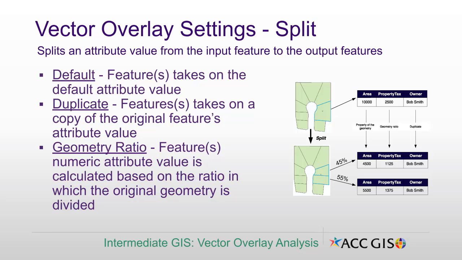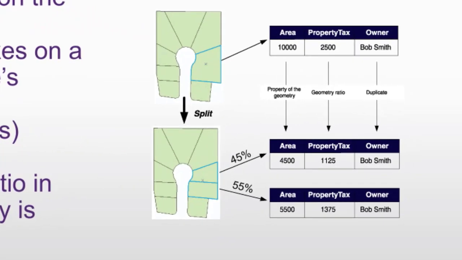And if you look at the image on the right, you can see I have three different fields and values: area, property tax, and owner for an individual parcel. And if I split that parcel and I have the policy set in the attribute domain, then the attributes are split based on that split policy.